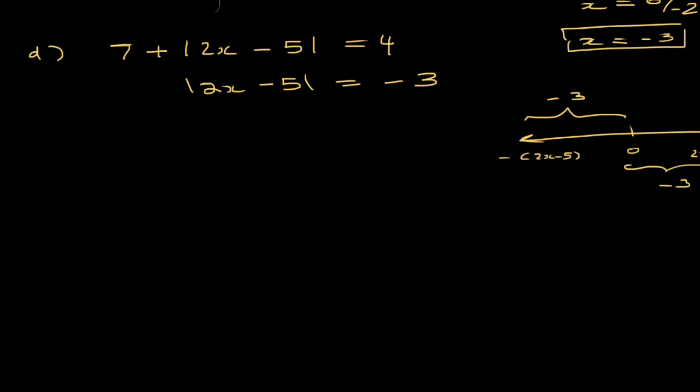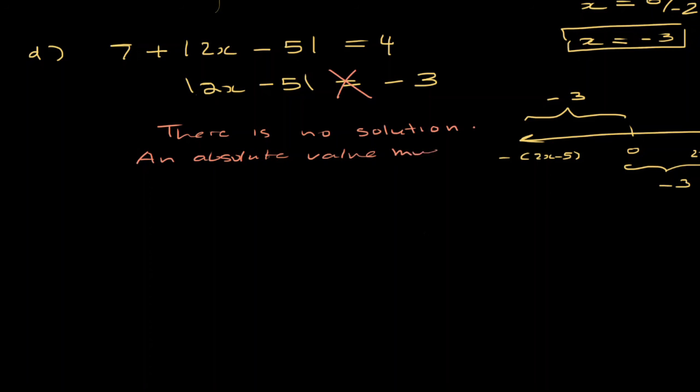Simply from that, by definition, an absolute value has to be positive. So it means the right-hand side has to be positive. So there's no way this will ever be equal. So there is no solution. An absolute value must be positive because there is no negative distance.